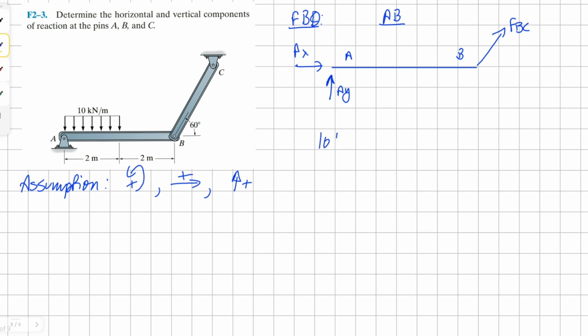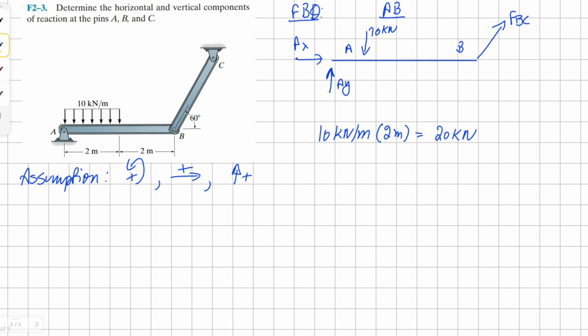Okay. Now let's take the moment about the point A. The first vector we encounter is the point load, and it'll be negative because it's in the counterclockwise direction and it's 1 meter away. And then for force BC, we only need to worry about our y direction vector because the x direction vector is at the same level as the A x vector, and therefore they cancel each other out.